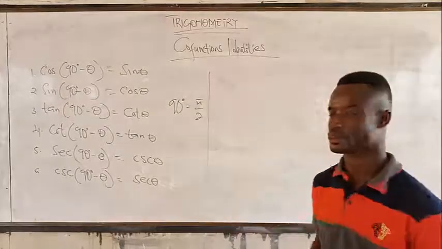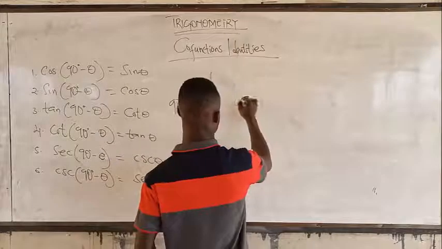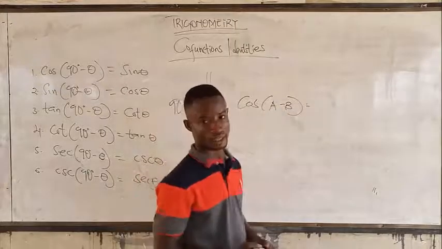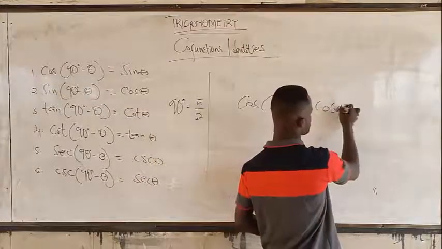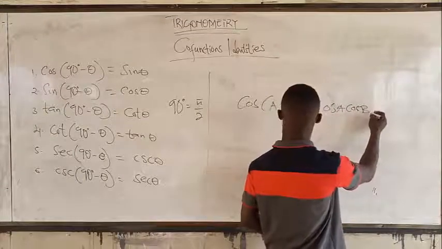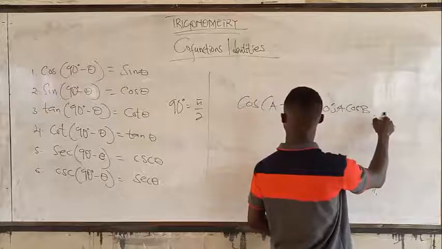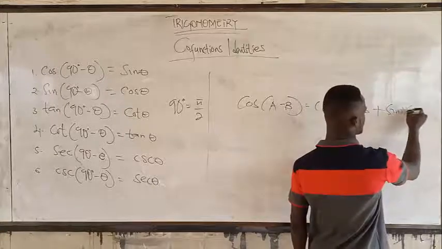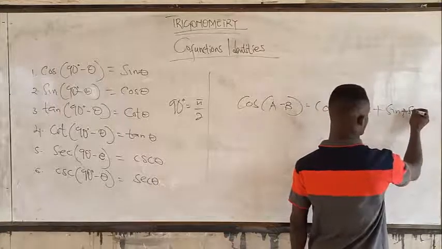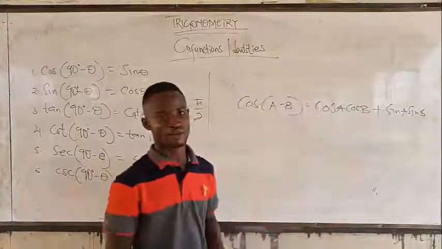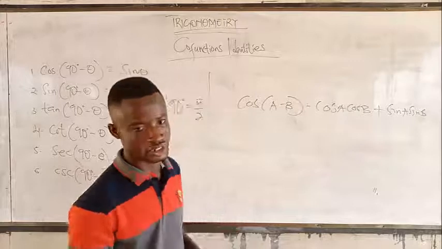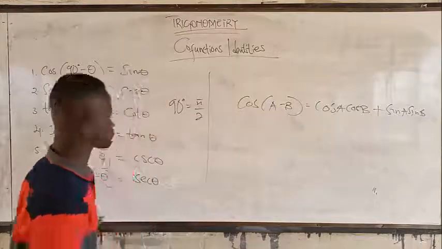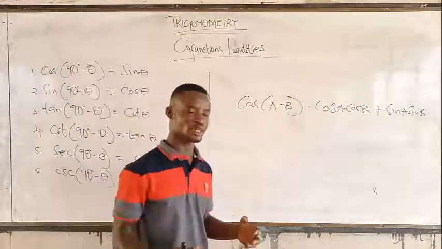We know that cos(A minus B) is the same as cos A cos B plus sin A sin B. Now we are going to substitute 90 degrees for A and theta for B. I just want to prove one of them for you so you can grasp the understanding.